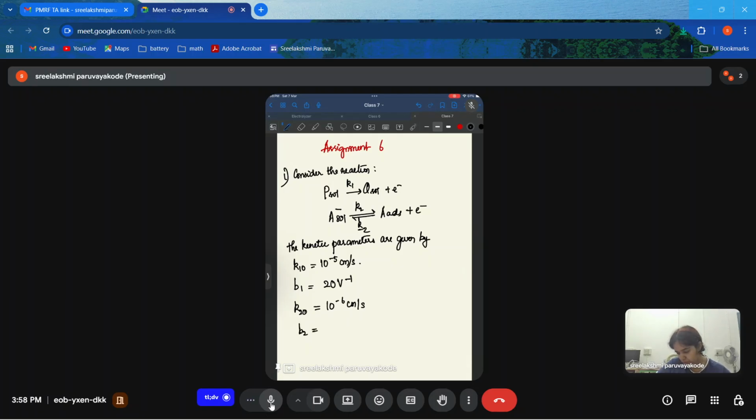V2 equal to 20 volt inverse. K minus 20 equal to 10 to the power minus 6 mole per centimeter square per second. And V minus 2 equal to minus 18 volt inverse. Gamma equal to 10 to the power minus 8 mole per centimeter square.